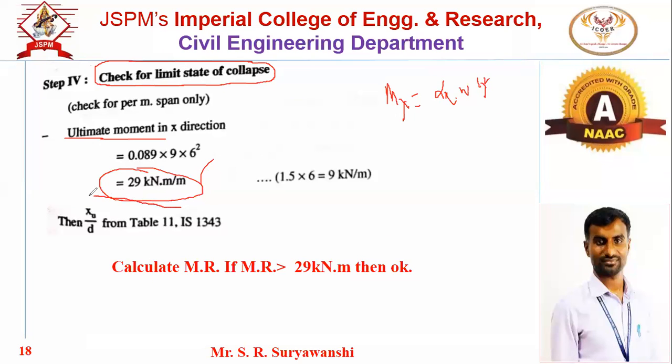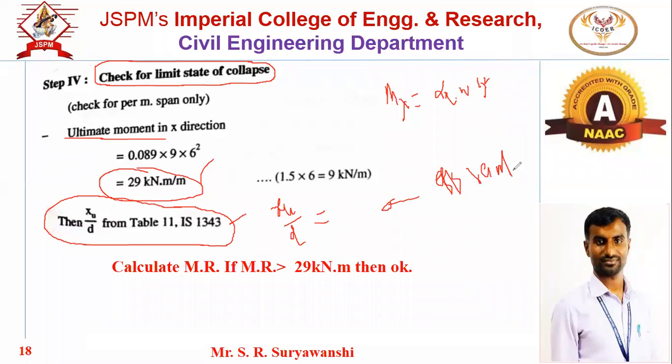Now from table number 11, you will get the depth of the neutral axis. To get the depth of neutral axis, what we want is the effective reinforcement ratio. We have studied this in the calculation of moment of resistance.